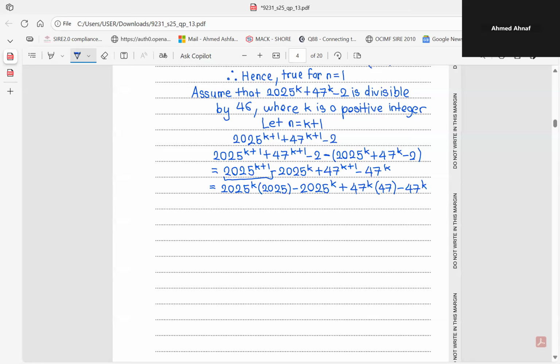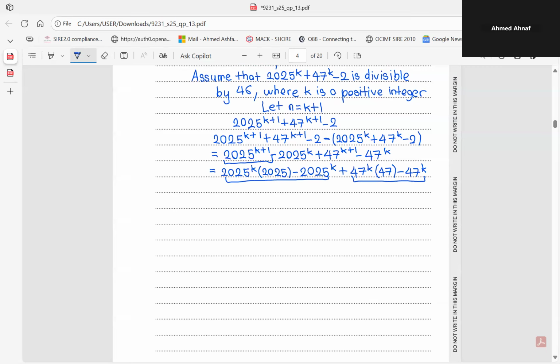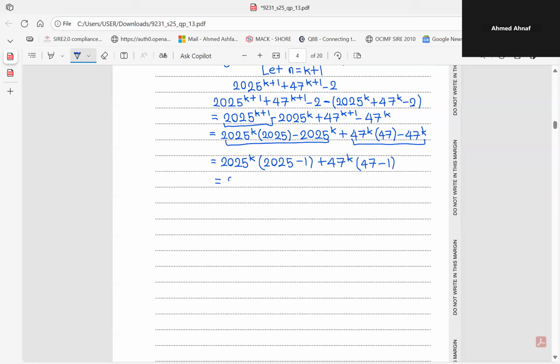If you can see, for these two sets, we can actually factor out 2025 to the power of k. So this becomes 2025 minus 1, and with 47 to the power of k, this becomes 47 minus 1. Now simplifying further, we'll get 2025 to the power of k times 2024 plus 47 to the power of k times 46.